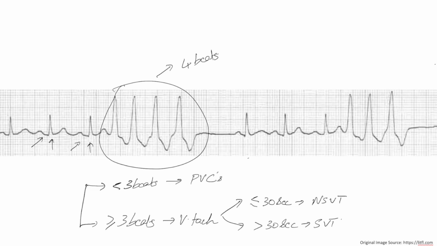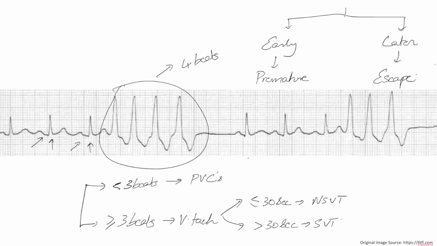So, to paraphrase everything, when we look at these funny looking beats, ask yourself if they're happening earlier than expected or later than expected. If they're happening early, that would be a premature contraction. And if it's happening later, it would be considered an escape beat. Now, if you notice that there is a P wave and the PR interval is more than 120 milliseconds, the beat is likely originating from the atrium.